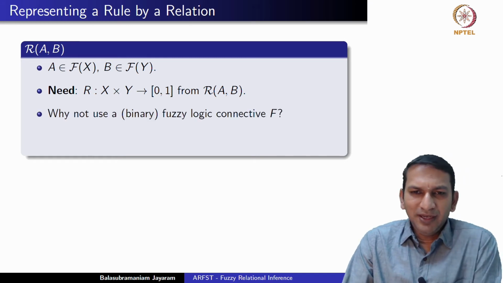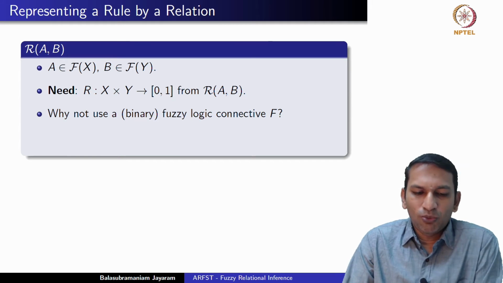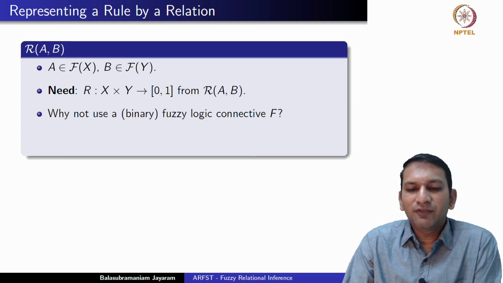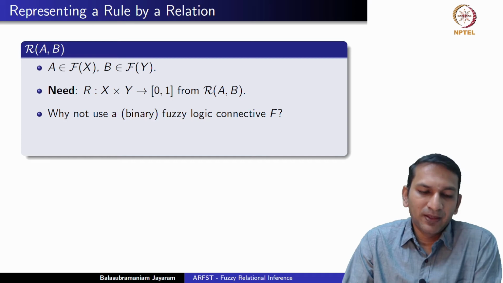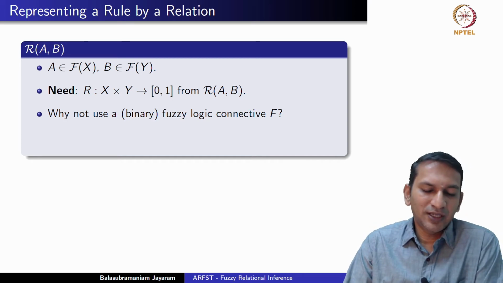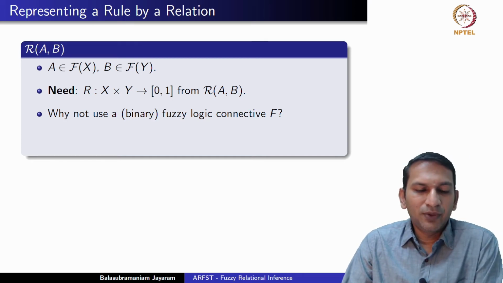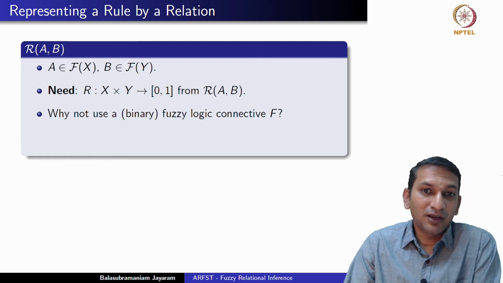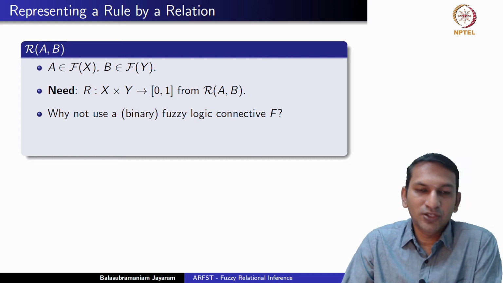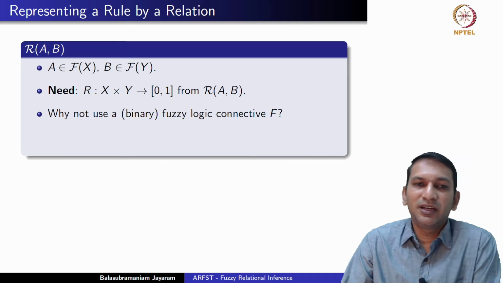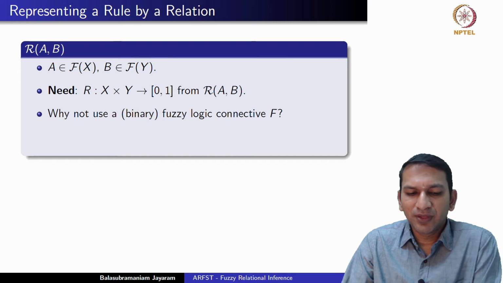Now, immediately the thought should arise, why not use a binary fuzzy logic connective F? You have a fuzzy set on X, you have a fuzzy set on Y. We want to construct a fuzzy set on X cross Y. Essentially a binary fuzzy relation can be looked at as a fuzzy set on the corresponding Cartesian product. So this is what we will try to use.